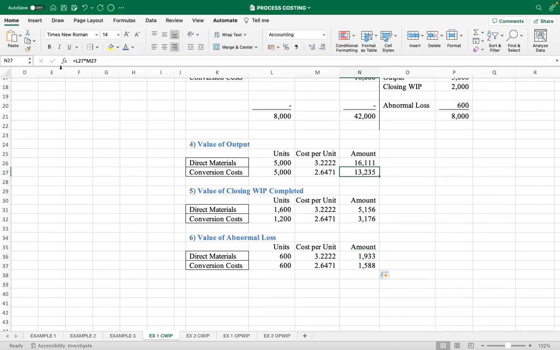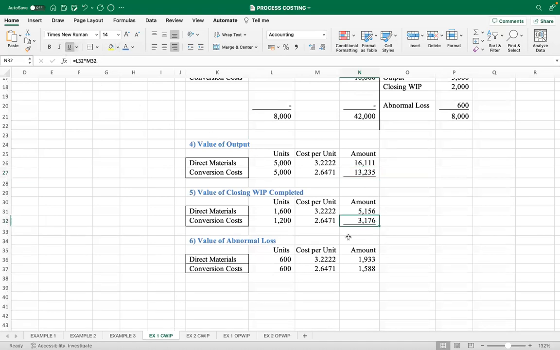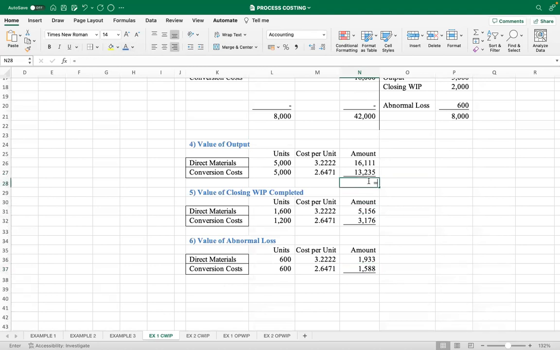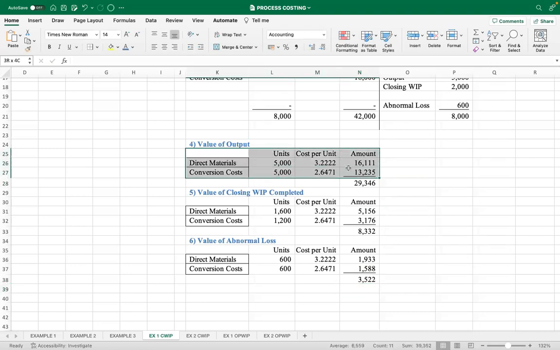So that is what we have. So what is the total amount? The total amount is that plus that. Here the total amount is 5,000 plus 3,000. It gives you 83. And here the total amount is 19 plus 15. So we have total amounts in each case.